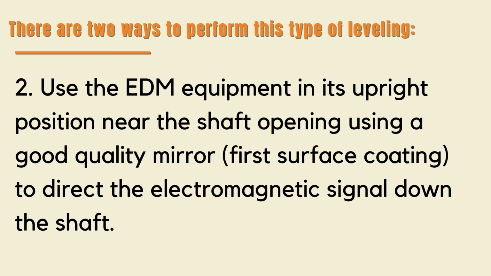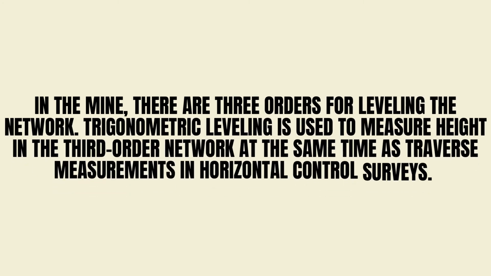Laser instruments with visible radiation should be used to facilitate the search for the reflector at the bottom of the shaft and to find a reference light spot on the mirror so that it can be referenced to the benchmark by spirit leveling. There are 3 orders for leveling the network in the mine.